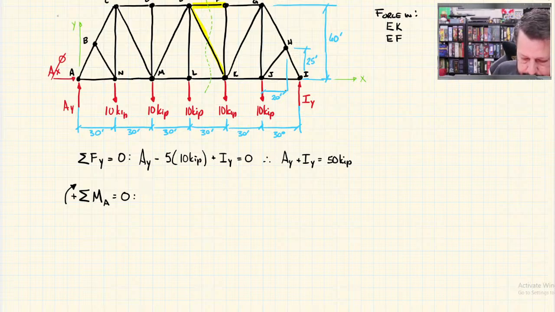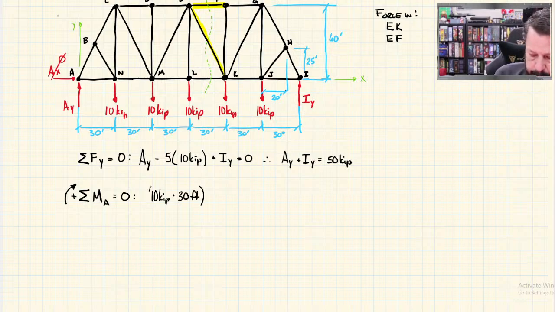But so I go to the first 10K. 10 kips, that's a vertical force. So the distance between point A and that force, I want the horizontal distance between it, which is 30 feet. And I need to assign it positive or negative. I said that clockwise was positive.